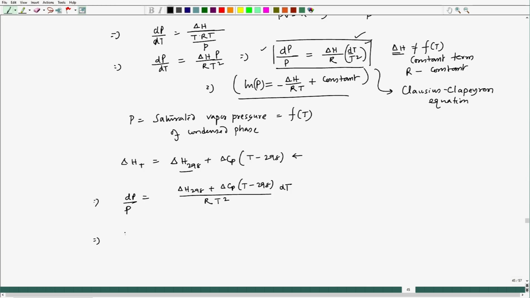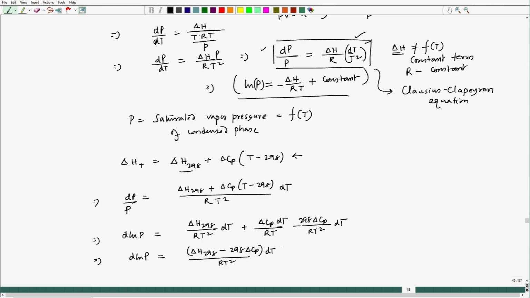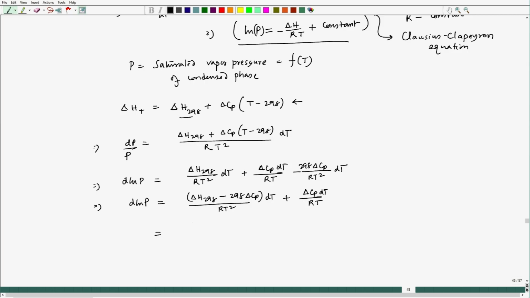So, I can write d ln P would be equal to the following.